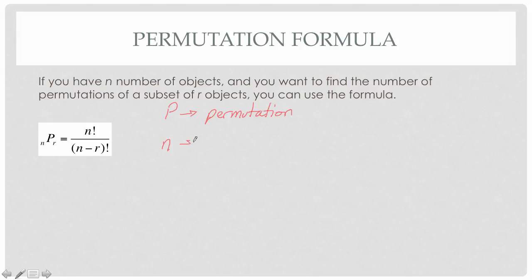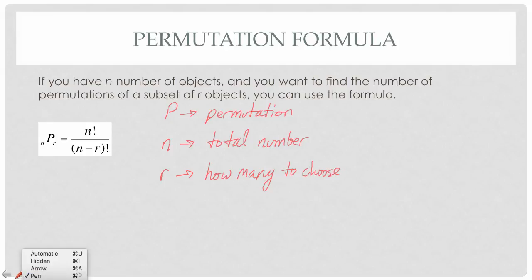N means total number of things that we're counting. R is how many I choose. So out of that n, how many to choose? Sometimes I don't want all things. Sometimes I just want a small group, and I want to calculate how many permutations of a small group.